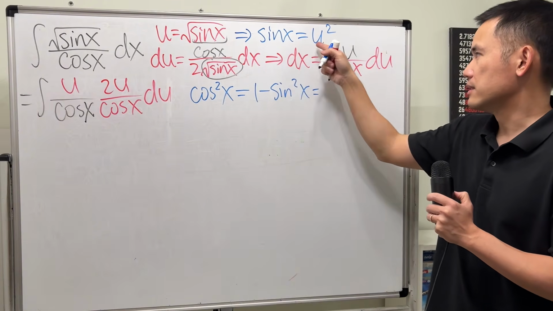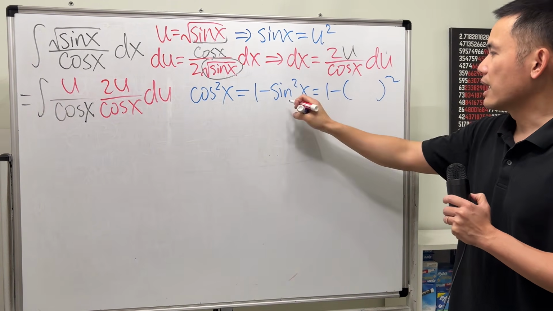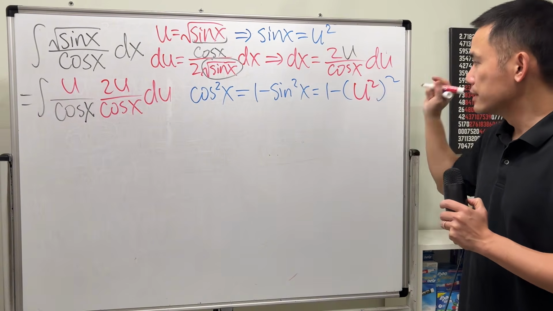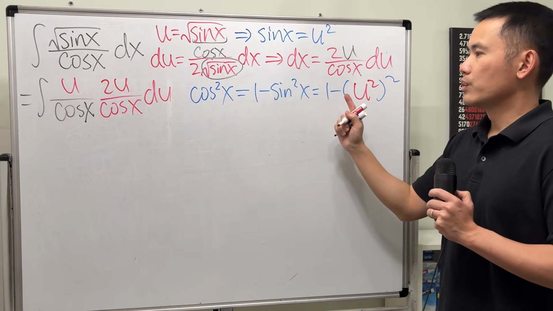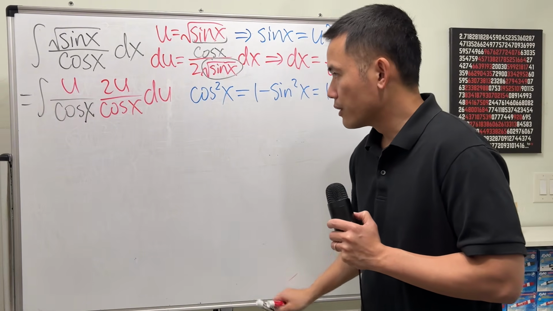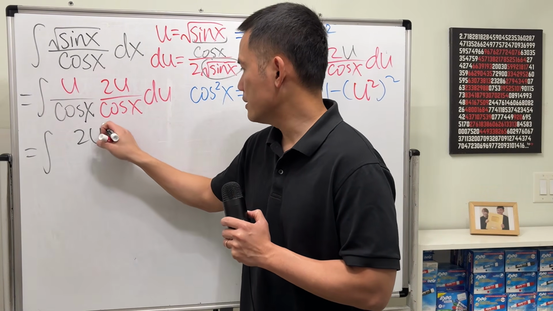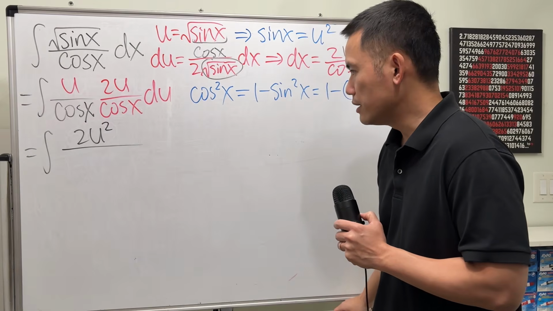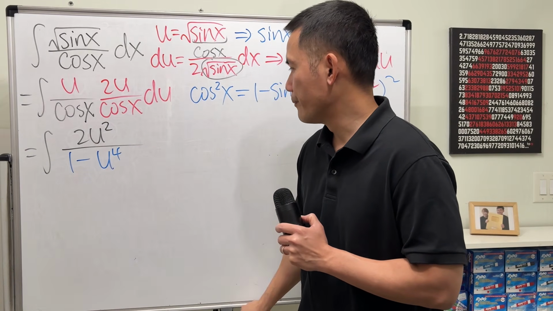We said that sine x is equal to u squared, so this is 1 minus u squared, and then we still have this square. So we just have 1 minus u to the 4th power on the bottom. We get the integral of 2u squared over the denominator, 1 minus u to the 4th power.